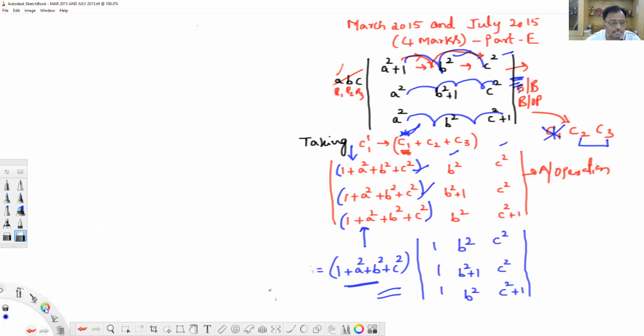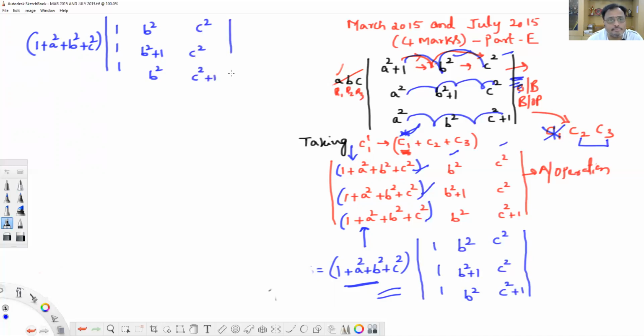So the last step is where we got LHS equal to 1 plus A square plus B square plus C square times the determinant of 1, 1, 1, B square plus 1, B square, and again C square plus 1. Now this is the last, we got it.